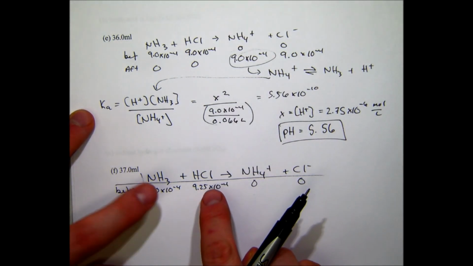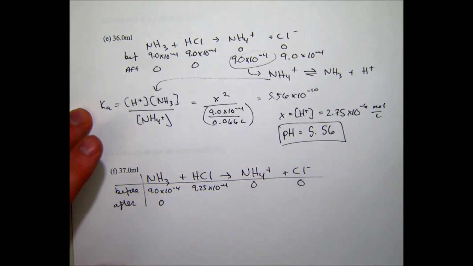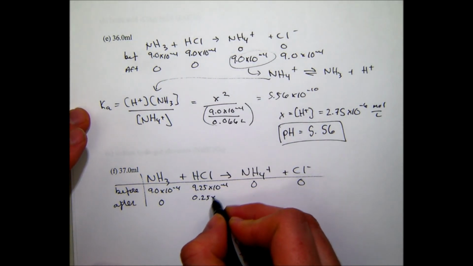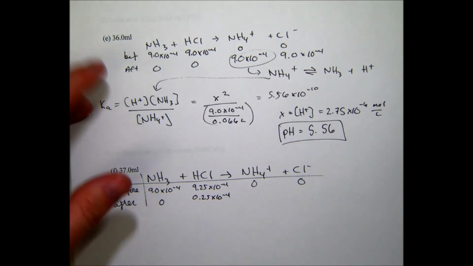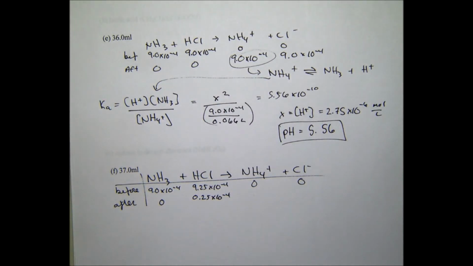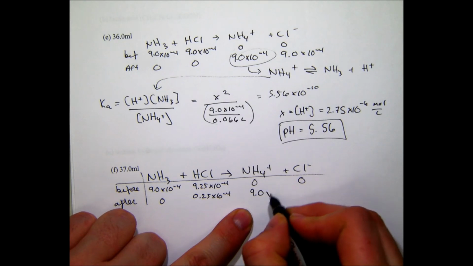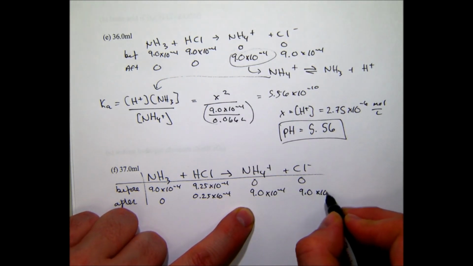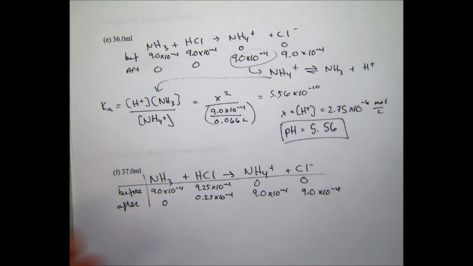So now when we compare them, this is the limiting reactant. So this becomes 0. That leaves me with 0.25 times 10 to the negative 4 moles of HCl remaining. And 9.0 times 10 to the negative 4 ammonium, and 9.0 times 10 to the negative 4 chloride present.